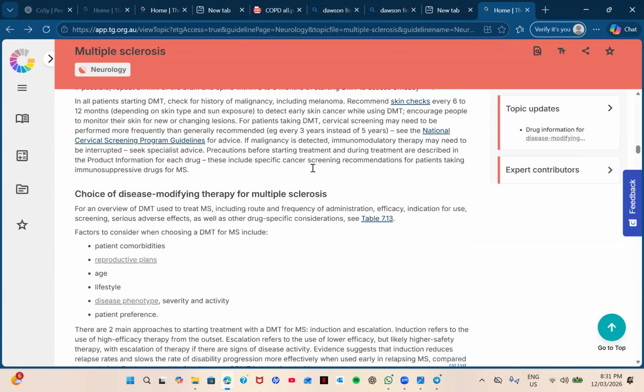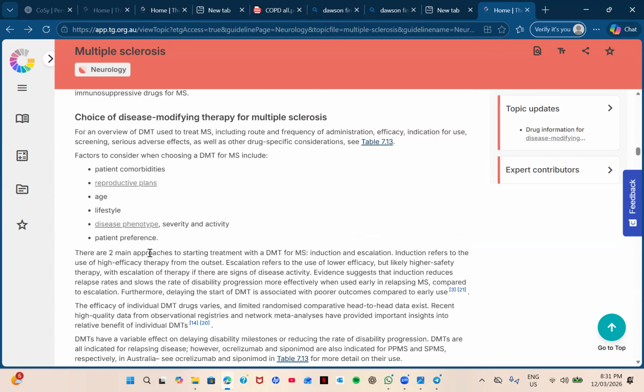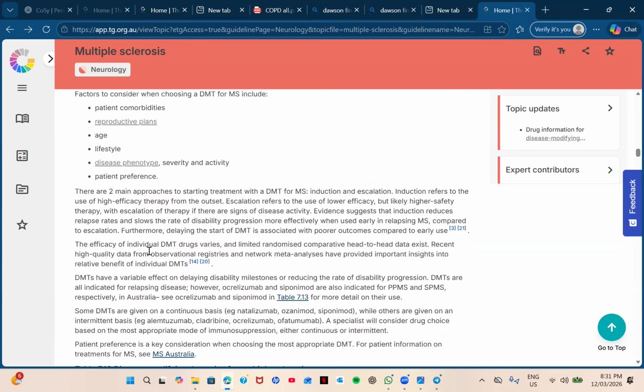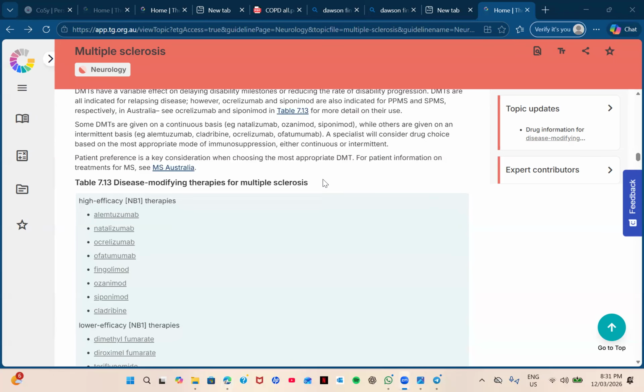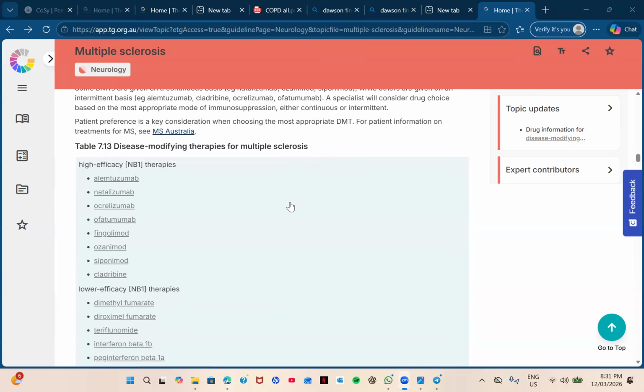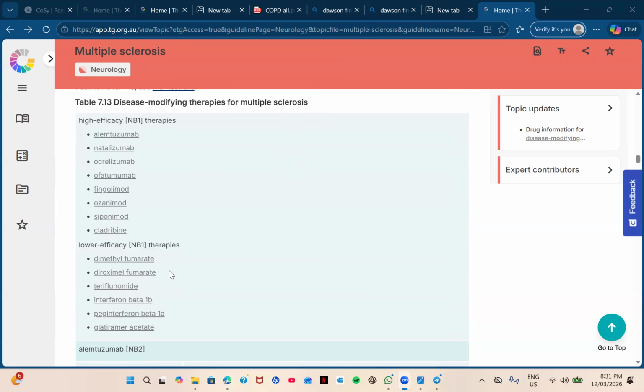And you should know we have different types of disease modifying therapy, right? Here we have high effective therapies and low effective therapies, right?